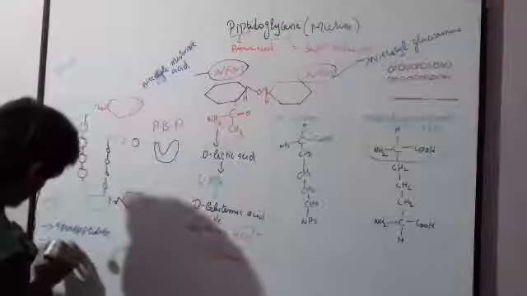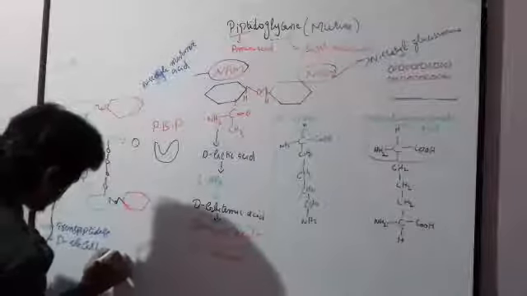Transpeptidase activity, and the other we call D-alanine carboxypeptidase. So they have 2 activities. First of all, we have a NAM-NAG complex connected with each other by this oxygen molecule. When they are connected, they make the NAM-NAG complex. After that, we have 5 amino acids connected.